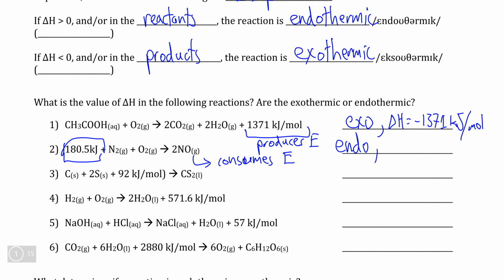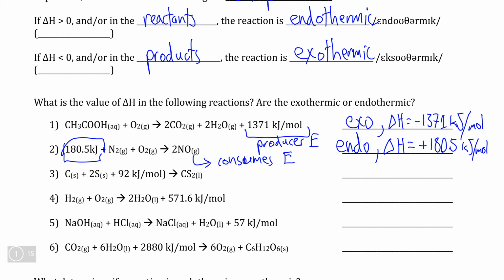Endo is a prefix that means within, because the energy is used by the reaction instead of being produced. And according to the numerical conventions, because the energy is a reactant here, we would define delta H as being positive. So our delta H term here would be positive 180.5 kilojoules per mole.